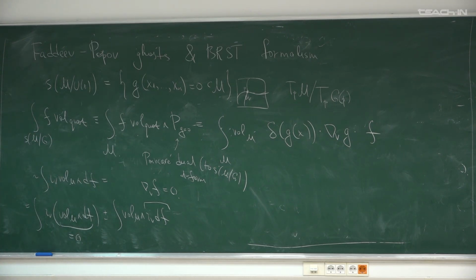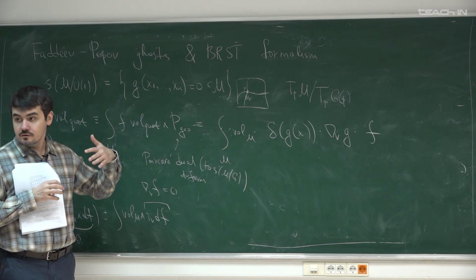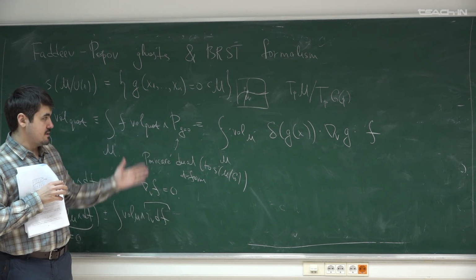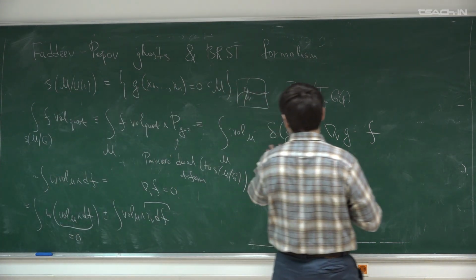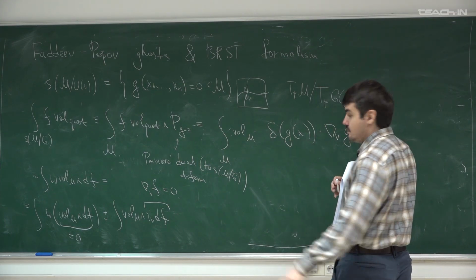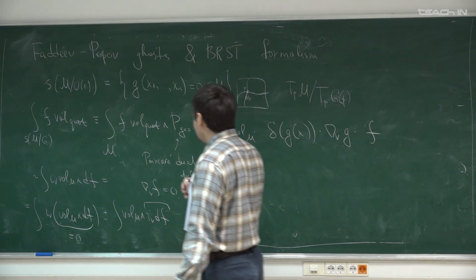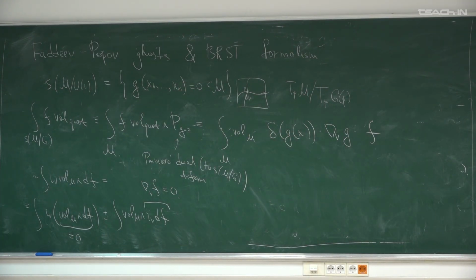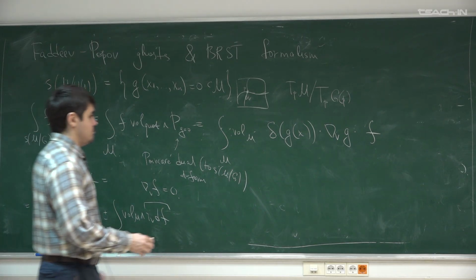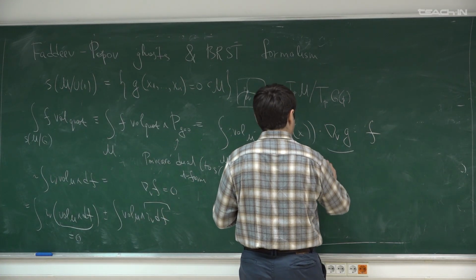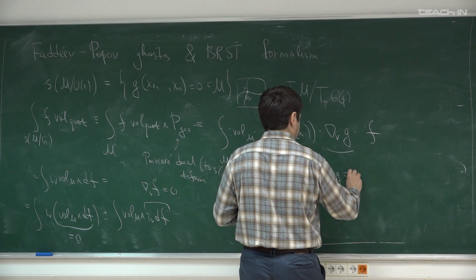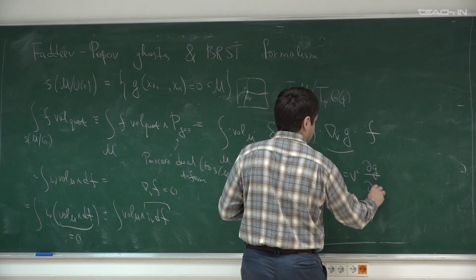The form dual to some submanifold in some homology class is effectively a form that looks like a delta function on that submanifold. Here the submanifold is a hypersurface of codimension 1, so you wedge with a 1-form. In principle, this formula is more illuminating; it is an explicit expression for that, whereas this is just some abstract notion. And nabla g is just the derivative of the function g, so this is the sum over i of dg over dx_i.